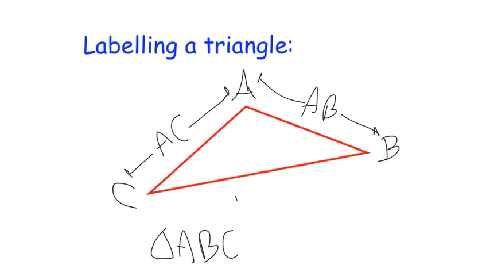And the remaining side is BC, or CB. It doesn't actually matter. Okay, so the letters here, A, B, and C, actually refer to the angles. And if I want to talk about the sides, I use AC, AB, and BC.